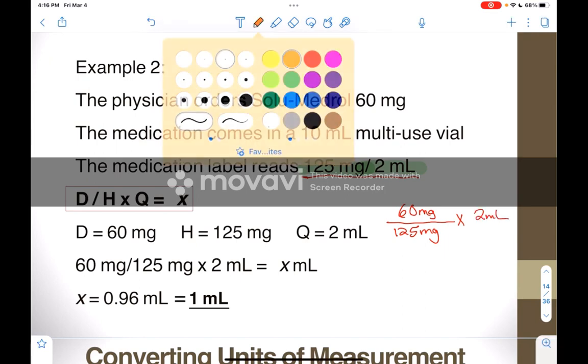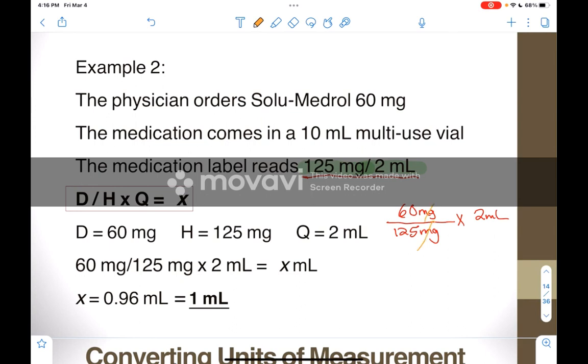Okay. And again, these cancel each other, and we do your work left to right, right? So 60 divided by 125 is 0.48, and now we're going to multiply that by 2 milliliters. Okay, and so we have 0.96 milliliters.